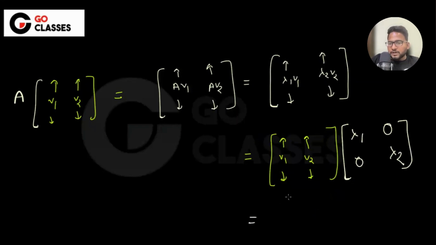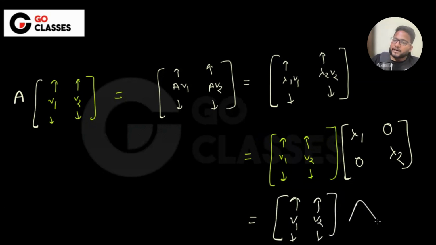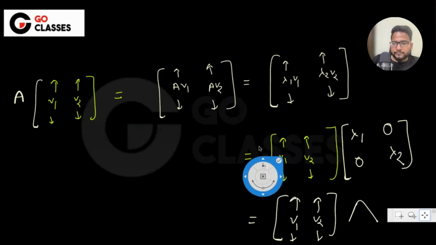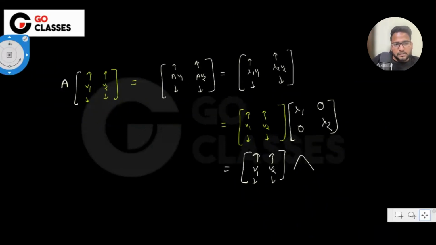Let's call this matrix of eigenvalues capital lambda, and let's call this capital V. So what I'm getting here is A into capital V equal to capital V into capital lambda, where capital V is a matrix of eigenvectors, right?